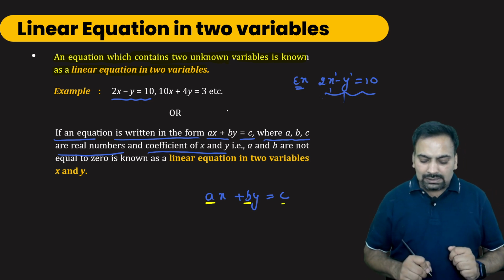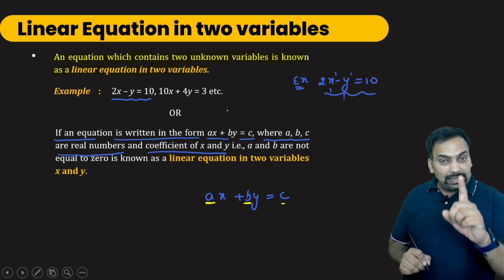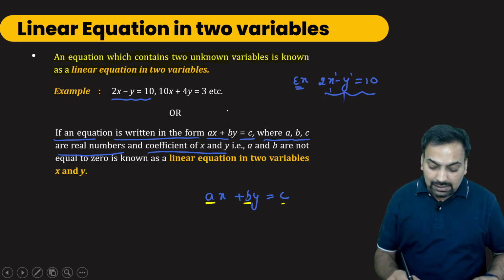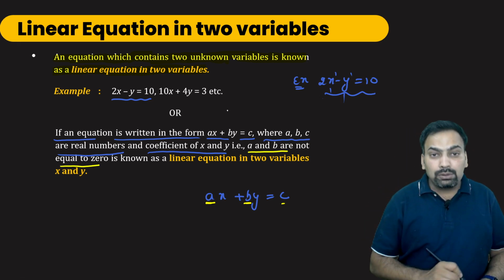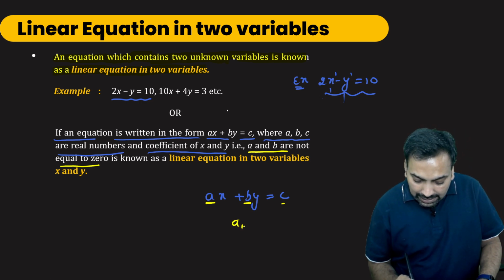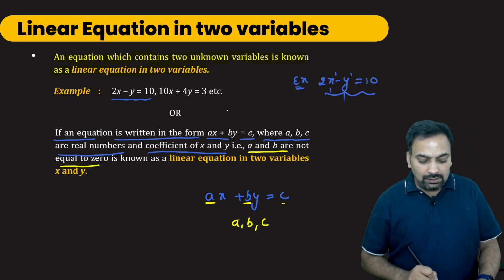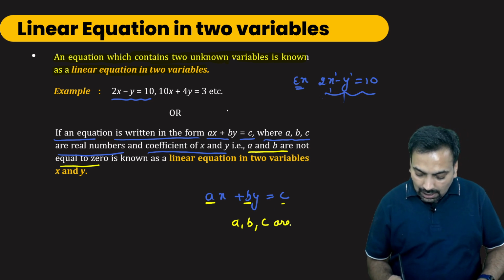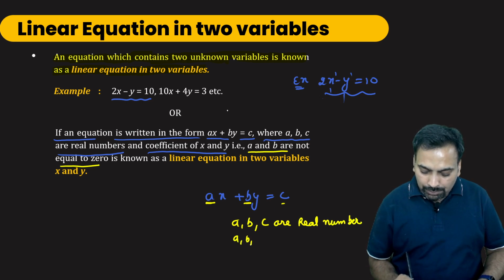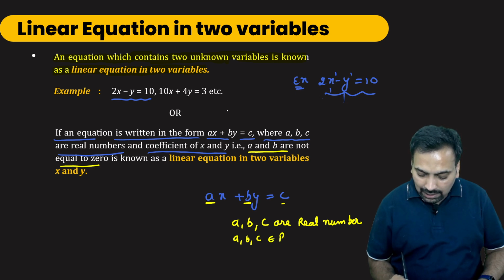And c is the constant. And it is also a compulsory condition in this that a and b are not equal to 0. It means a, b, c are real numbers. You can write it like this: a, b, c belongs to R.